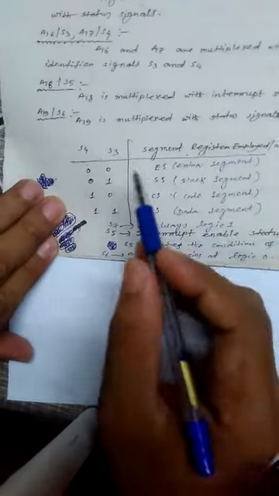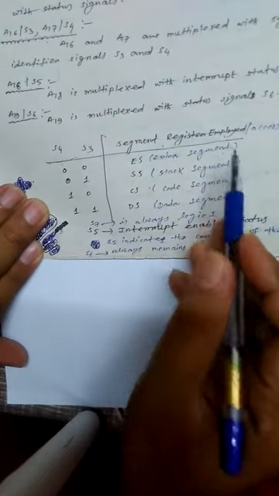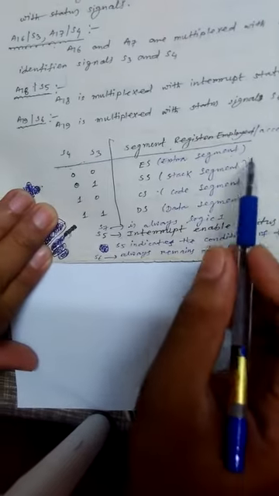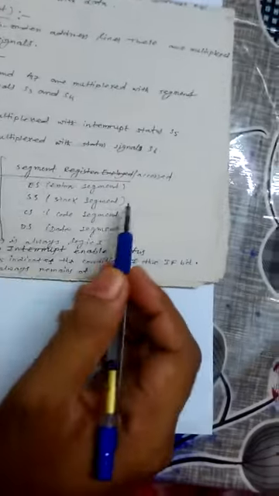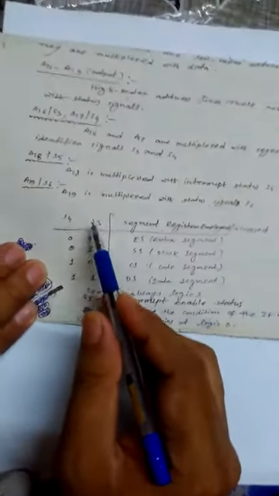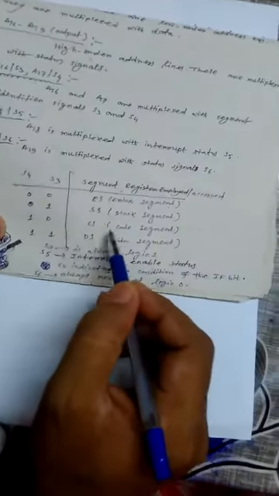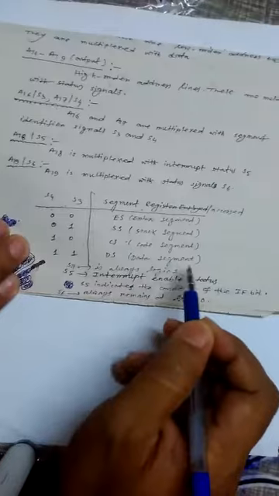For S3, S4 equal to 00, this is used for the extra segment. Memory is divided into four segment parts: extra segment, stack segment, code segment and data segment. When the processor uses the ES part of memory, the S3, S4 status will be 00, for the stack segment 01, when 10 that indicates the code segment, and 11 the data segment.